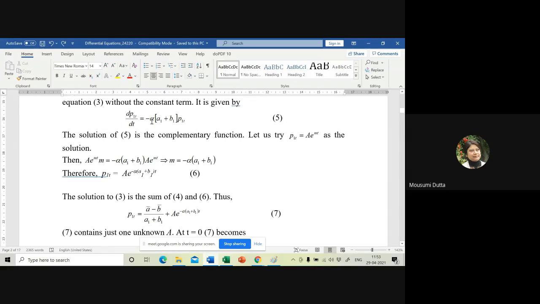Now, the expression is dp by dt is equal to this. So if pt is equal to a e to the power mt, what will be the value for dp dt? A e to the power mt into m.